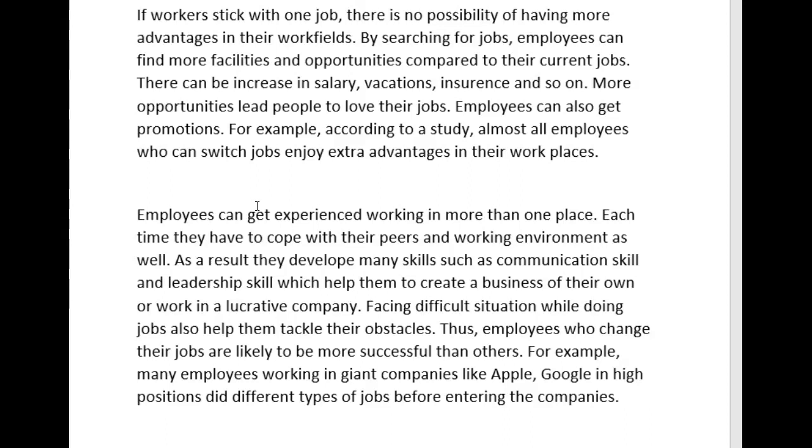So, what I would like to encourage you to do is maybe look over this paragraph and say, all right, what's the general idea of what I've written in this paragraph? And then you can write a topic sentence that really reflects that.